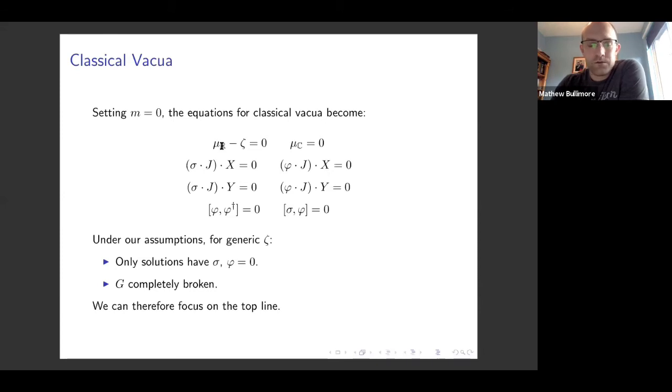The top line involves the moment maps, the real and complex moment maps for the action of the gauge group on the hypermultiplet representation. And then the remaining equations involve the vector multiplet scalars. Sigma is a real scalar and phi is a complex scalar. So again, here, everything on the left is a real equation and everything on the right is a complex equation.